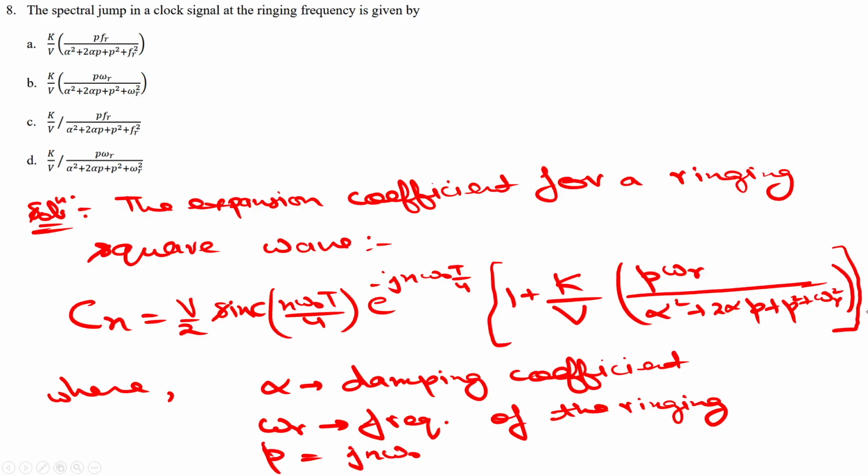So the spectral jump in a clock signal at the ringing frequency is given by this quantity here. I will rewrite it.